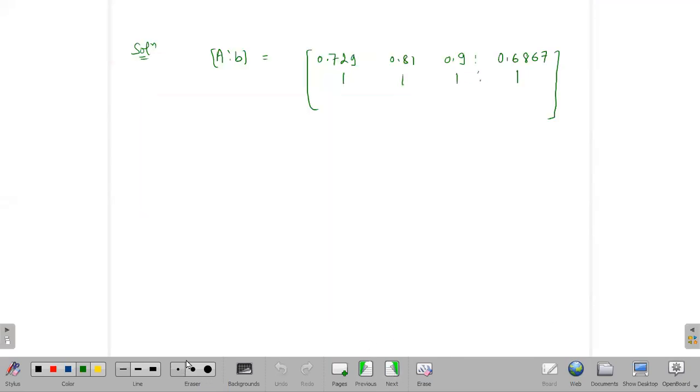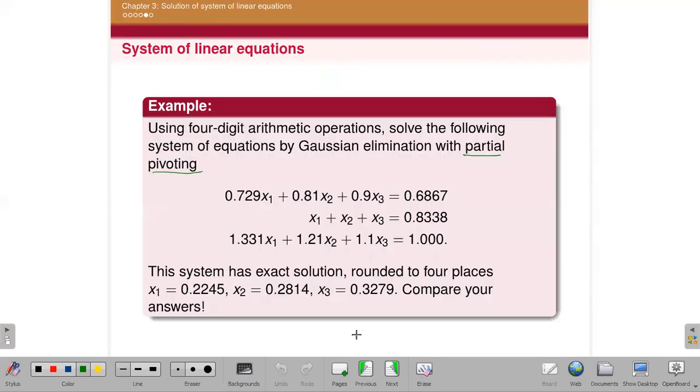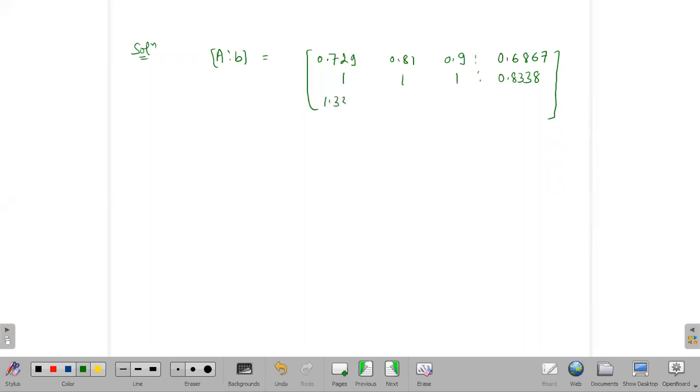Sorry, 0.8, 0.338. It is 1.331, 1.21, 1.1, and 1. So this is the first row, second, and third row.